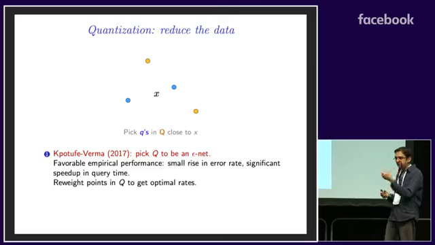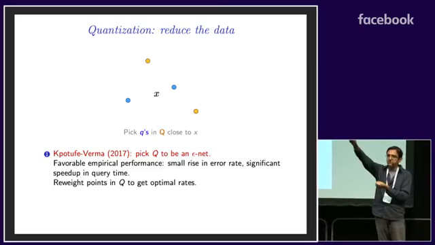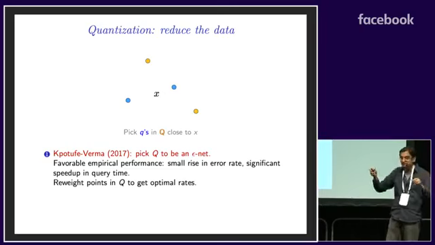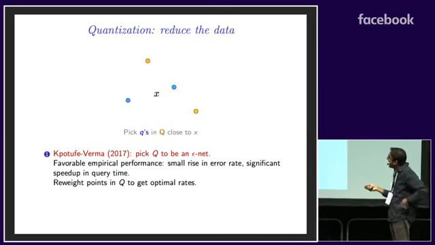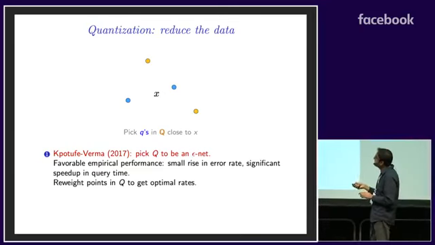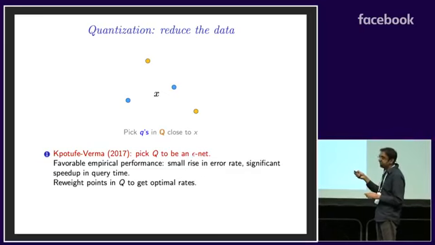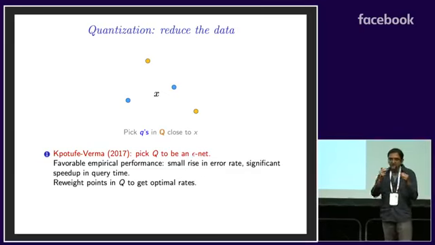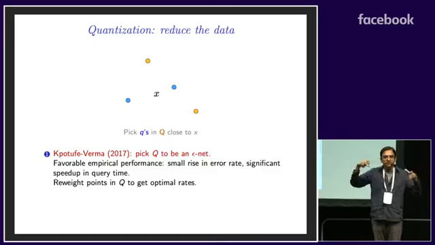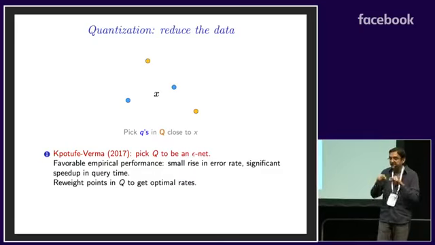Okay, so you pick a point, you pick any point that's epsilon far from it, and another point that's epsilon far from those two, and so on. And they showed that the empirical performance of this is very good. And they showed, in fact, you can get optimal rates if you assign each of these points Q a weight proportional to the number of points that were allocated to them in their Voronoi partition.